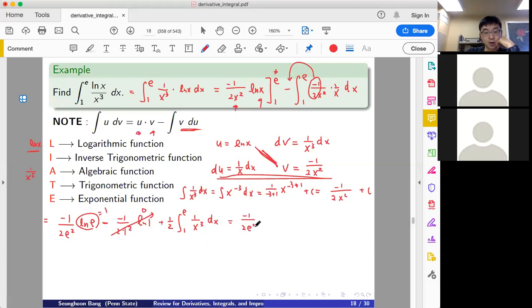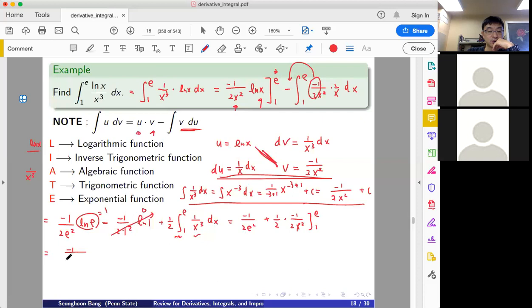So here, plus 1 over 2 times the integral of 1 over x cubed. We have this calculation: minus 1 over 2 times x squared from 1 to e, and simplify.